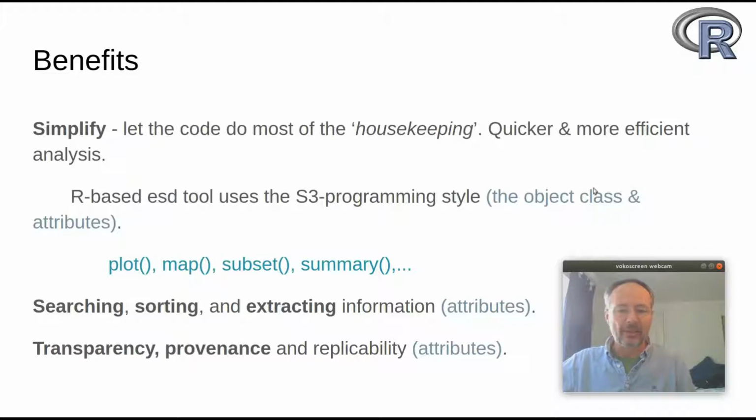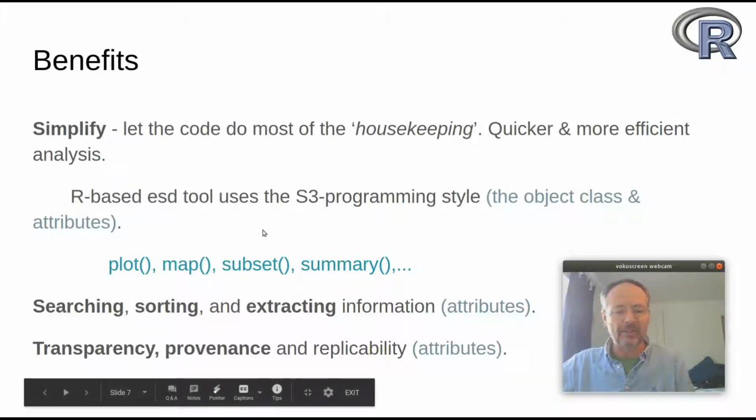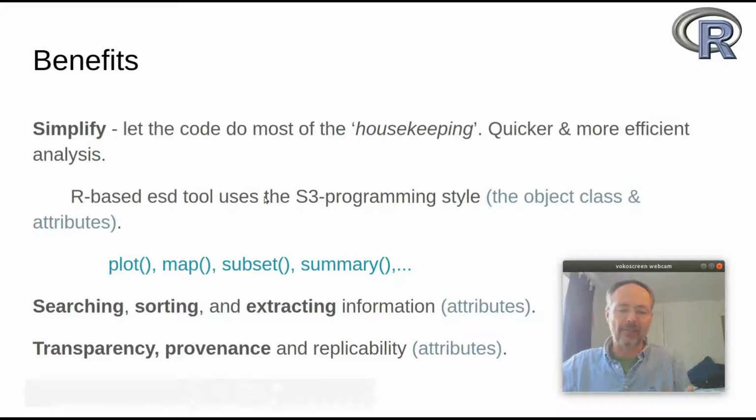And also in these functions, the attributes will be used in order to show the right legends and so on. The metadata or attributes are also very useful for searching, sorting and extracting information from the data objects, especially if you have many station records in one station object.